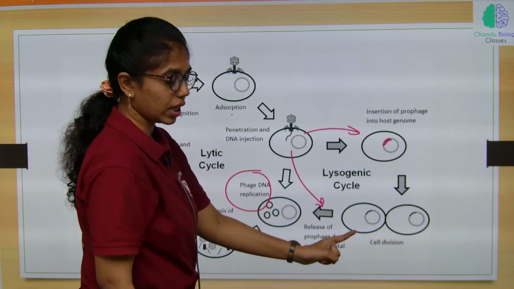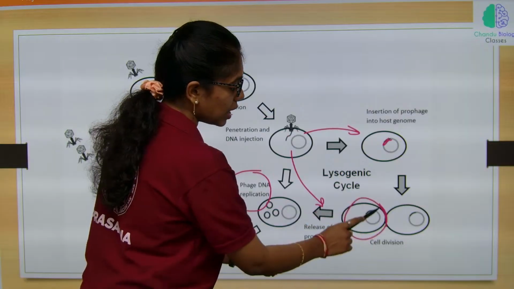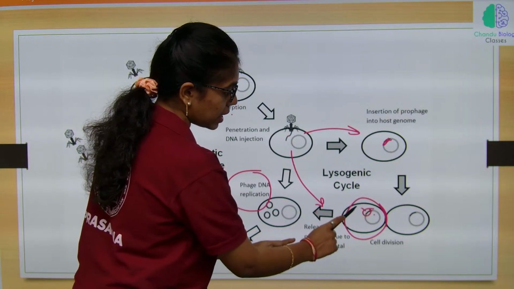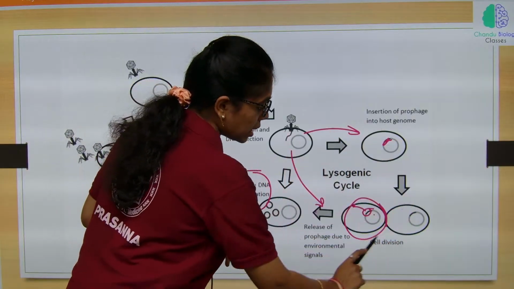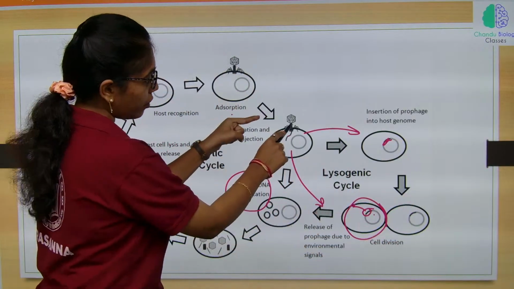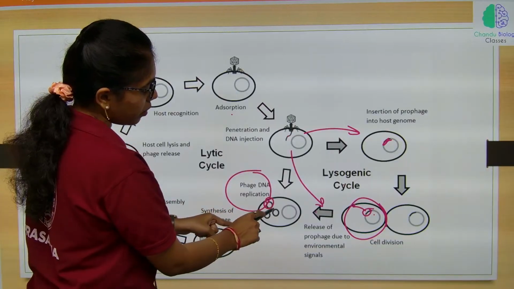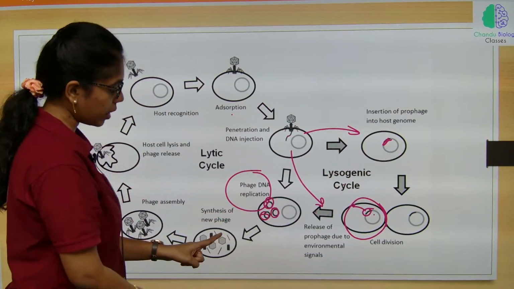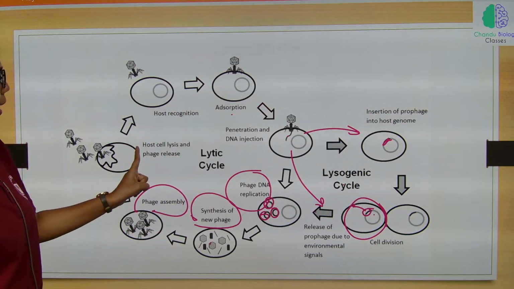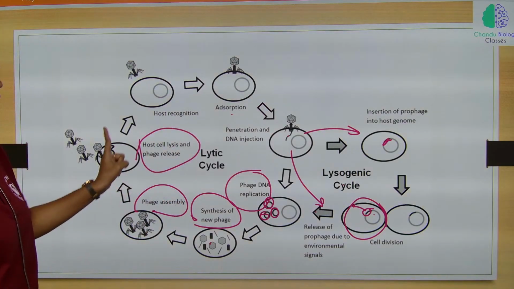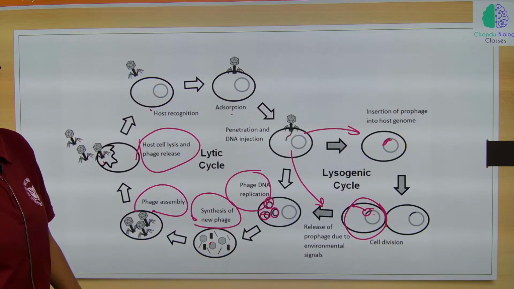Into the lysogenic cycle. From the daughter cell, once the phage DNA is excised, it enters the lytic cycle again. From here the complete viral genome will get replicated, synthesis of new phages, phage assembly takes place and then host cell lysis, lastly phage release.